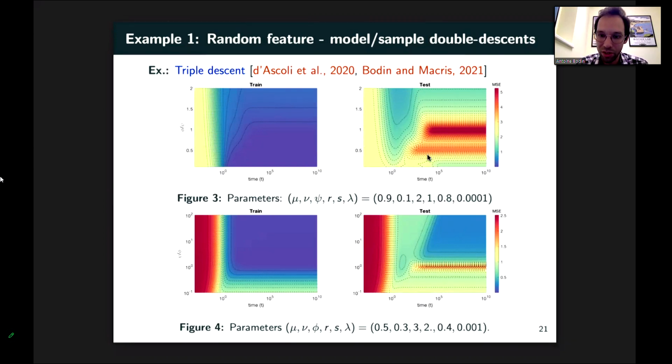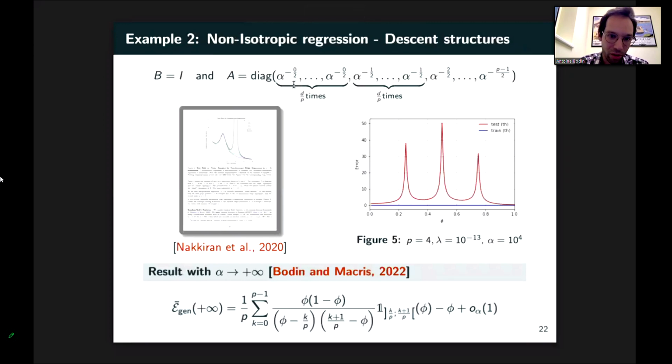So here, what you can see is that in some settings, depending on, for instance, the activation function that you like to consider, you can actually have the first descent, then a second one, and you can also design some models where you can have 3 or 4 descents, depending on how you want to specify it, or even n descents.